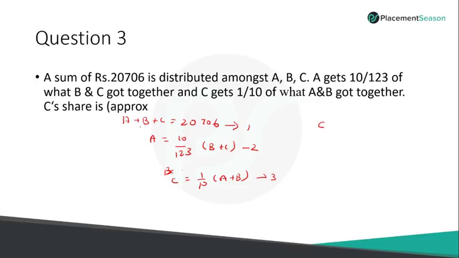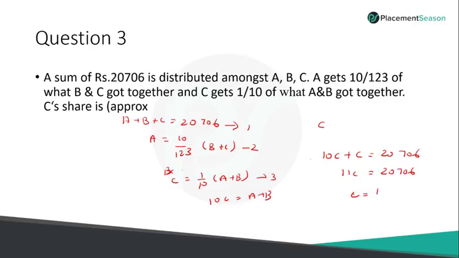So you can convert this A plus B plus C into C. If you look at equation number 3, 10C equals A plus B. So instead of A plus B, you can write 10C. 10C plus C equals 20,706. So this is 11C equals 20,706.